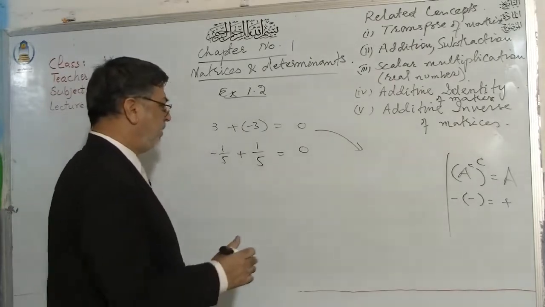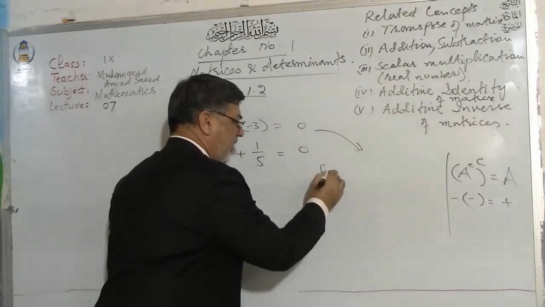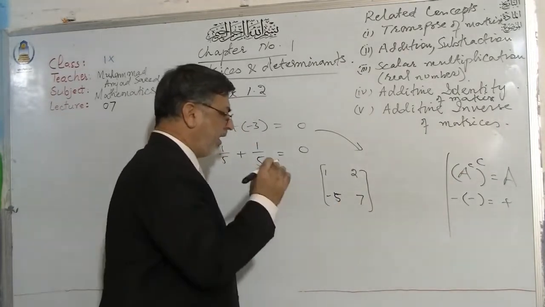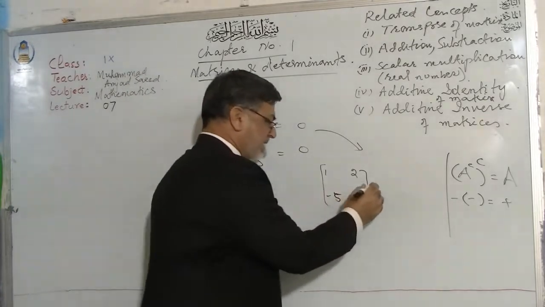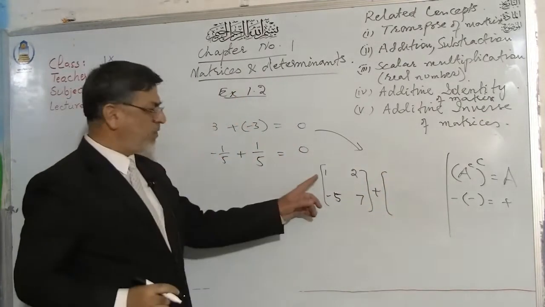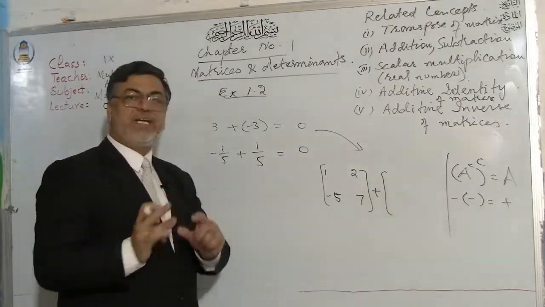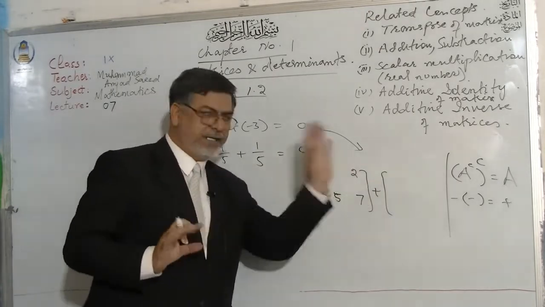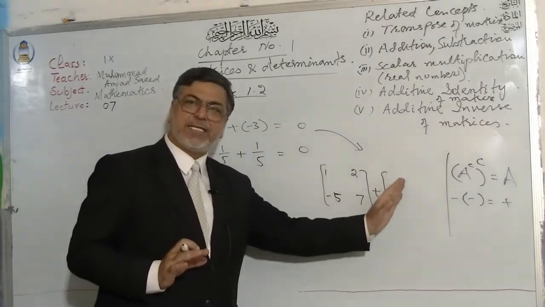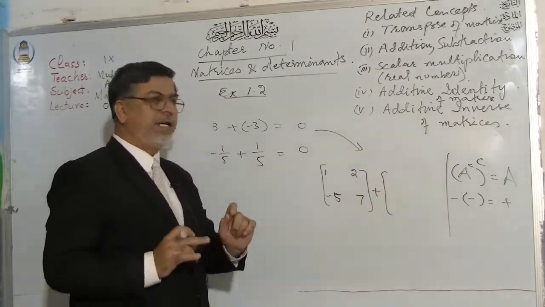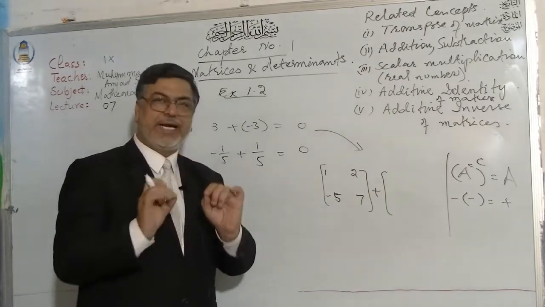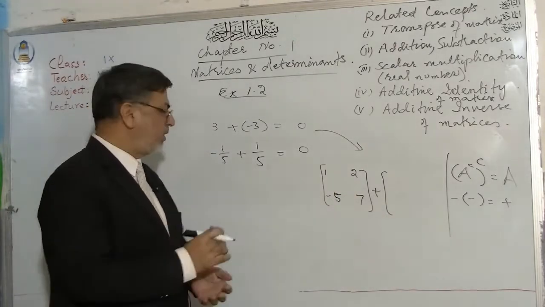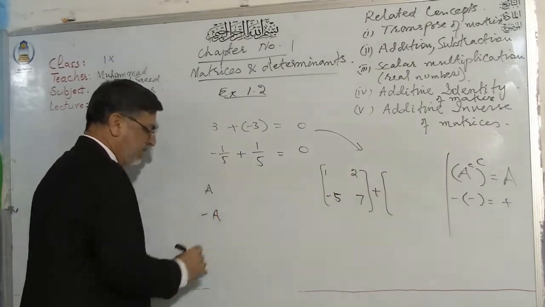For example, you are having 1, 2, minus 5 and 7. If you take the negative of the matrix, in the previous lesson I told you what is meant by the negative of a matrix. Simply you change the sign. At that time I told you the negative of a matrix means the additive inverse: one was A, another was minus A. You simply change the sign.